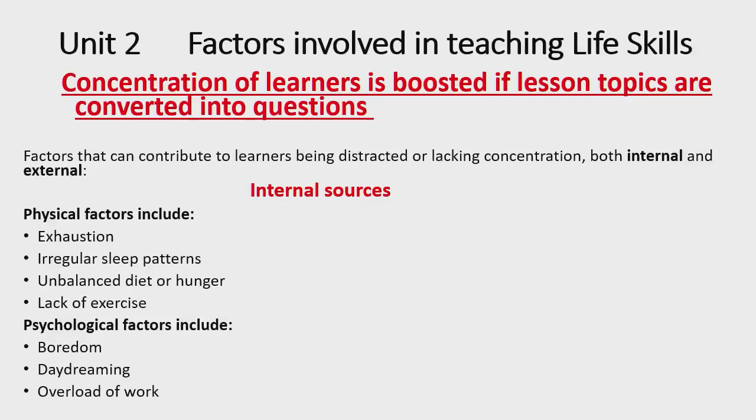So a child might be tired because they don't sleep well at night. They might not eat well, which has an effect on their body, and also if they lack some exercise, if they constantly sit in front of the TV or play games on their phone, then they will struggle to concentrate. Psychological factors might include boredom, daydreaming, and overload of work.